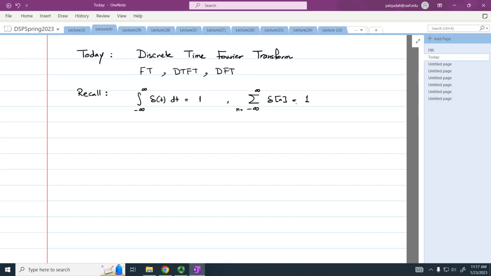Make sense, everybody? Okay. If I take a signal x of t multiplied by delta of t minus tau, what is this going to equal to?